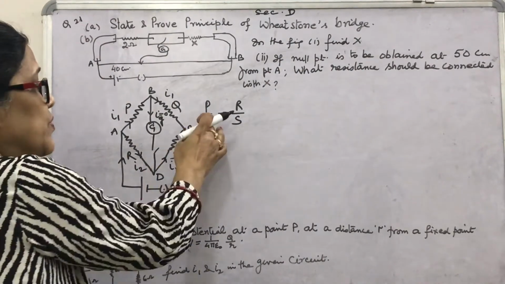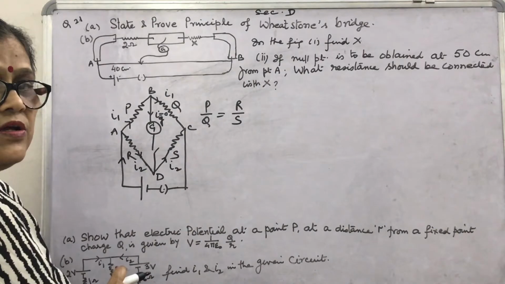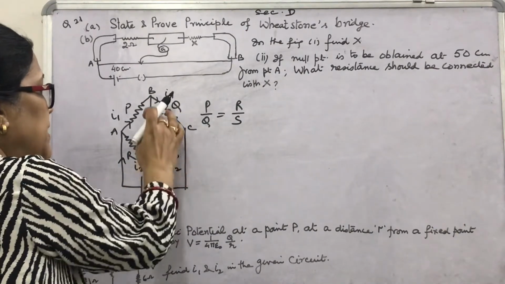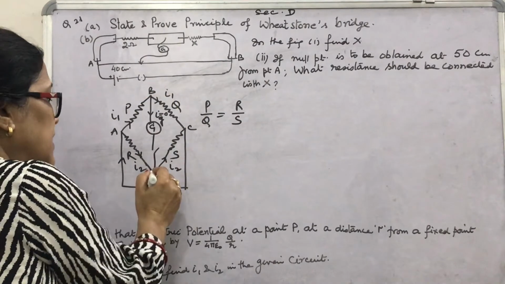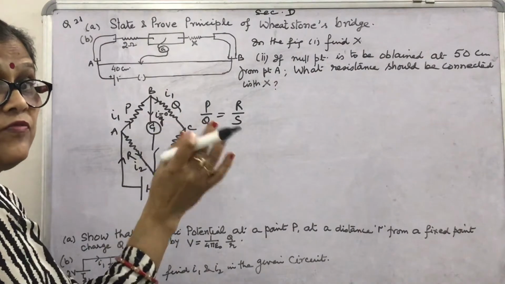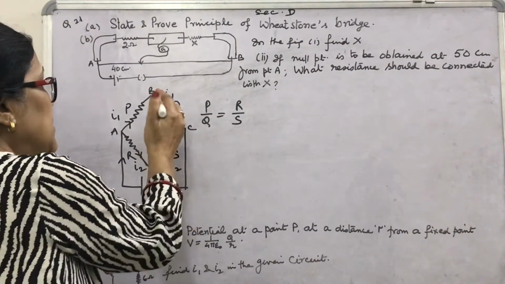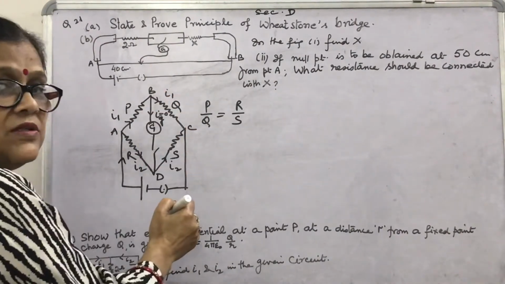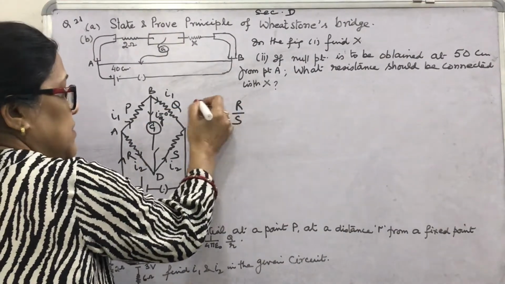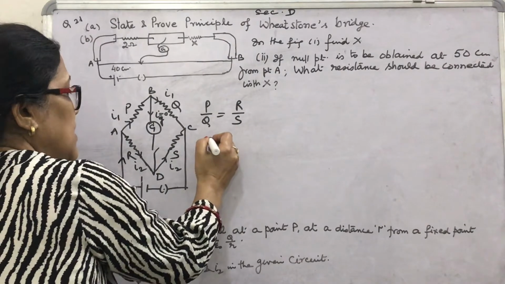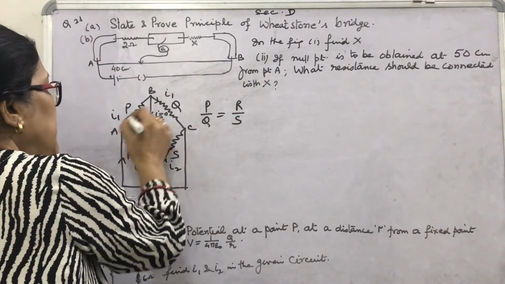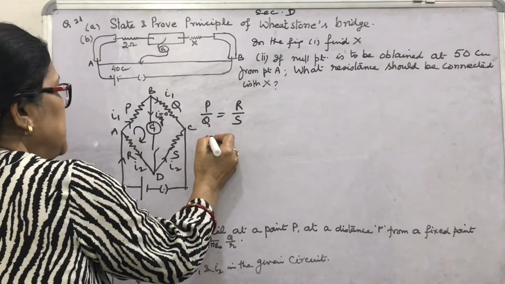How to prove this balanced state? You know, when there is no current through the galvanometer, then points B and D are at the same potential, because current flow only takes place when there is a potential difference. Now, take this loop A, B, D, A using Kirchhoff's rule.